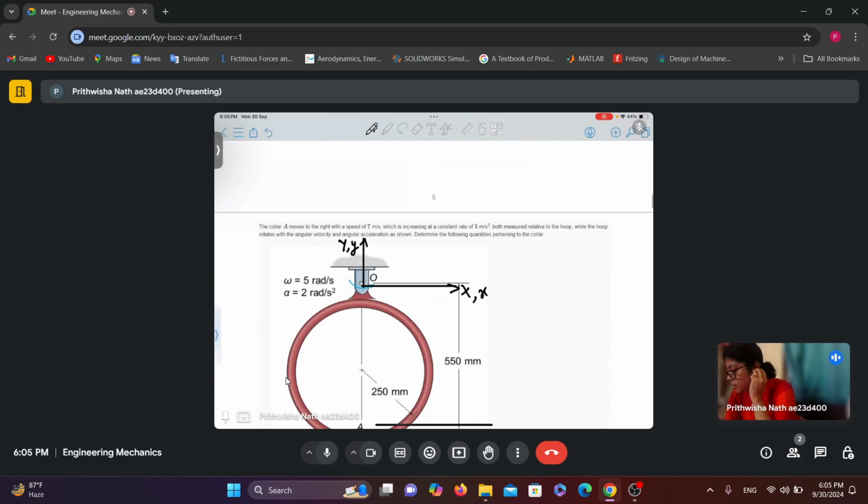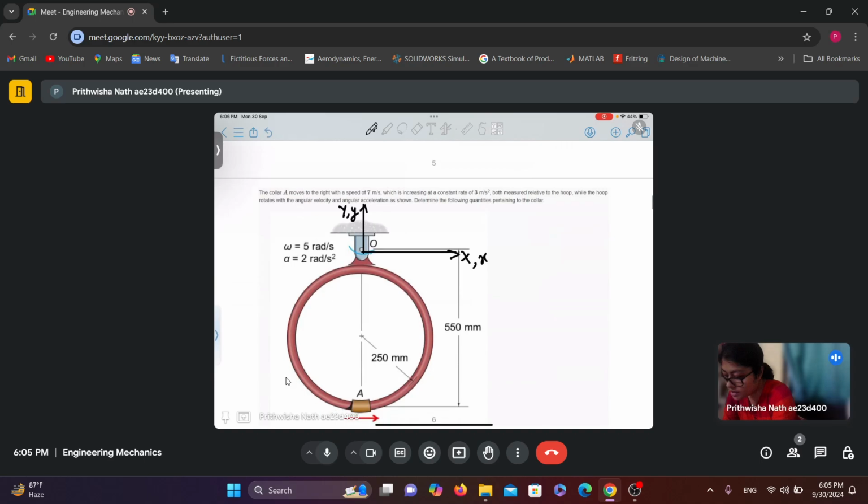Now in the next question, the collar A moves to the right. This is collar A, which is moving to the right with a speed of 7 meter per second and which is increasing at a constant rate of 3 meter per second square, which is nothing but the acceleration, and this is measured relative to the hoop. While the hoop rotates with angular velocity and angular acceleration as shown, determine the following quantities pertaining to the collar.